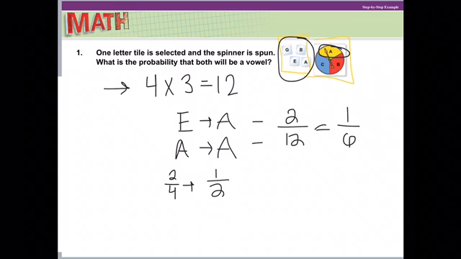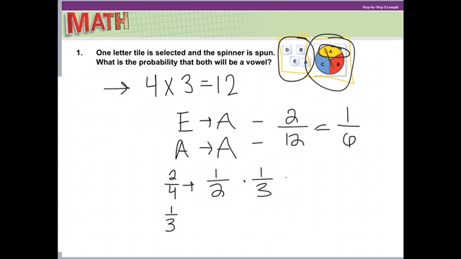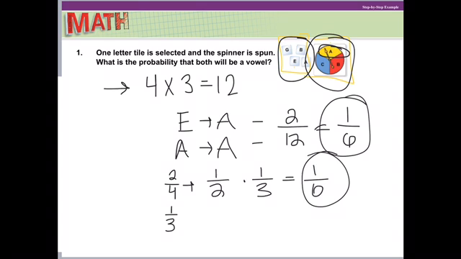Now the probability of spinning a vowel with this one is 1/3, right? So if we multiply them both together, 1/2 times 1/3, we still get 1/6. So either way you find it.